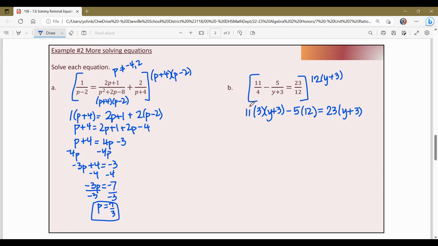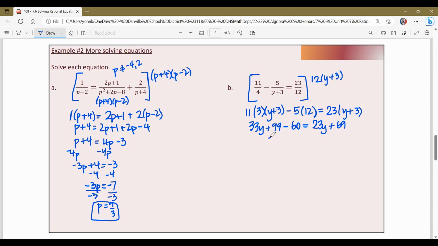So that's 11 times 3 times y, that's 33y. 11 times 3 times 3, that's 99. Minus 5 times 12 is 60, equals 23 times y is 23y, and 23 times 3 is 69.